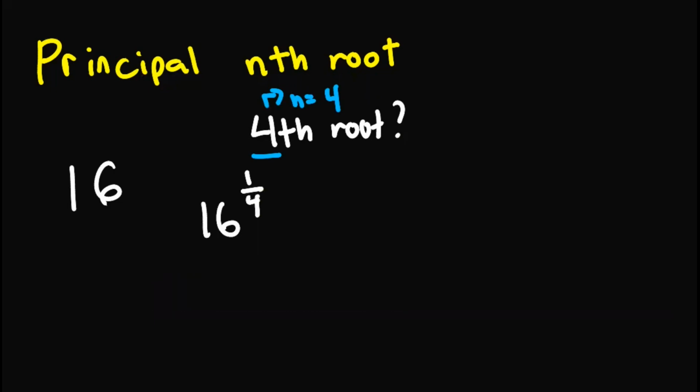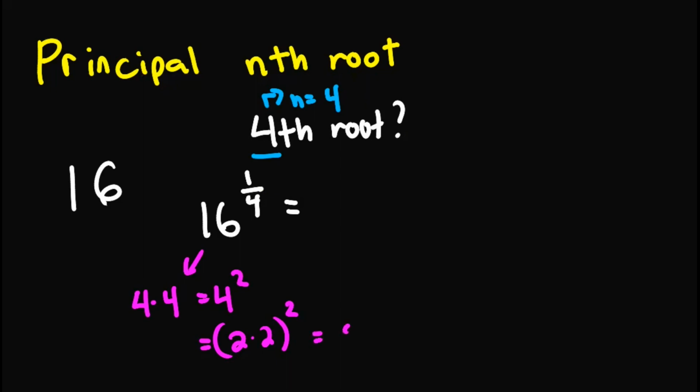And then note that 16 is equal to 4 times 4, or 4 squared, and we know that 4 can actually be written as 2 times 2, so we'll have 2 squared, all squared, then we multiply the exponents.